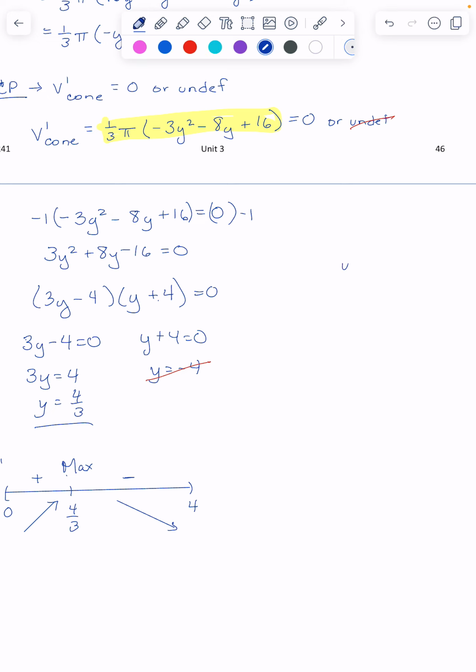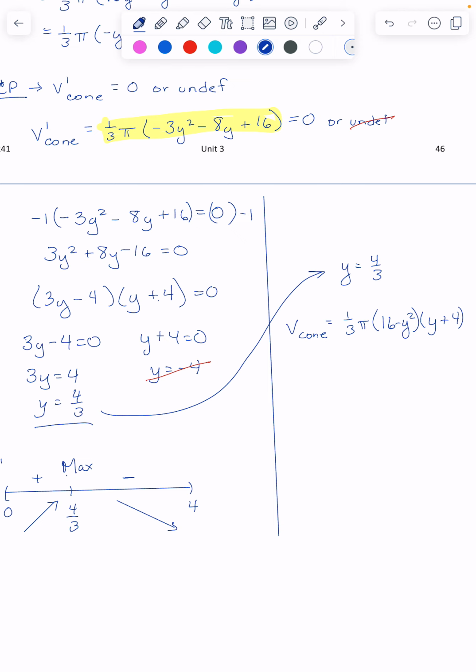So I'm going to say that if y equals 4/3, and I knew that V cone equaled 1/3 pi times 16 minus y squared, multiplied by y plus 4. That was my height there, so let's cordon this off so that we can see it. I'm using this y equals 4/3 now with my original equation.